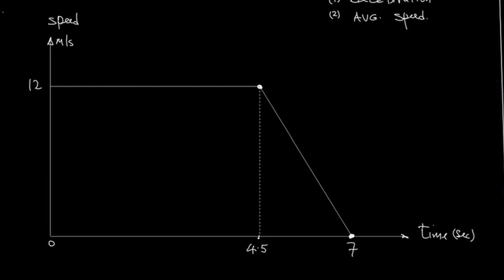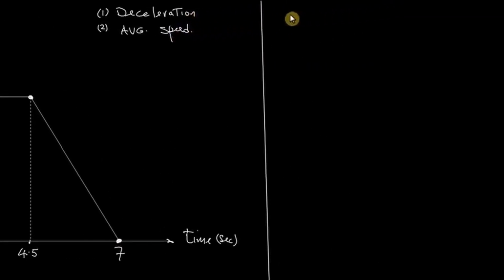In question 8b, a cyclist traveling at 12 meters per second after 4.5 seconds decides to decelerate uniformly to 0 meters per second in an additional 2.5 seconds. So we can find his deceleration simply by recognizing that deceleration is equal to his final speed, which is 0, minus initial speed, which is 12 meters per second, divided by the time in which this happens.